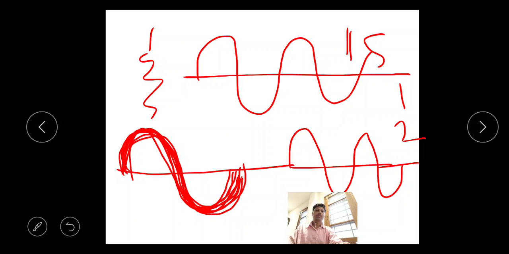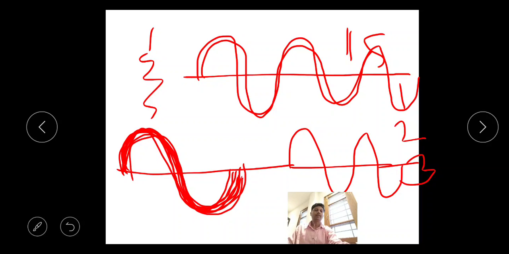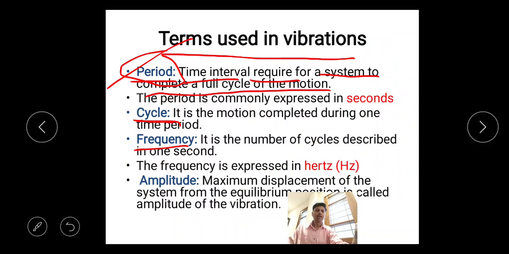If in 1 second it is completing 3 cycles, then frequency will be 3. So frequency is nothing but the number of cycles completed in 1 second.